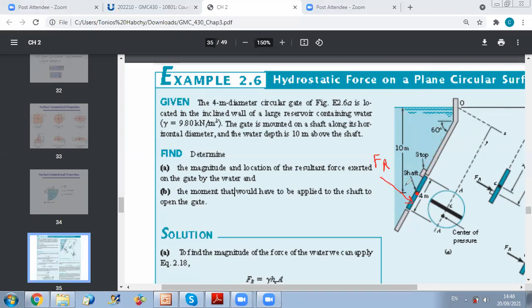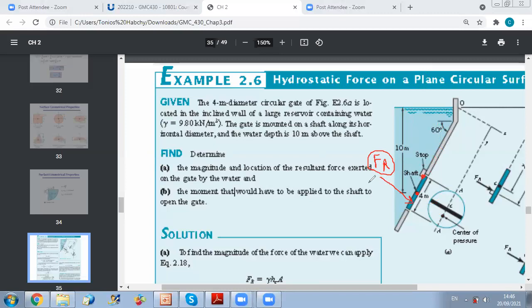Here, you are not interested in the moment about the stop, because the moment about the stop is the moment needed if you want to apply a couple at this location. But since you are applying a couple on your shaft, the couple on your shaft should oppose the moment of Fr about the shaft.